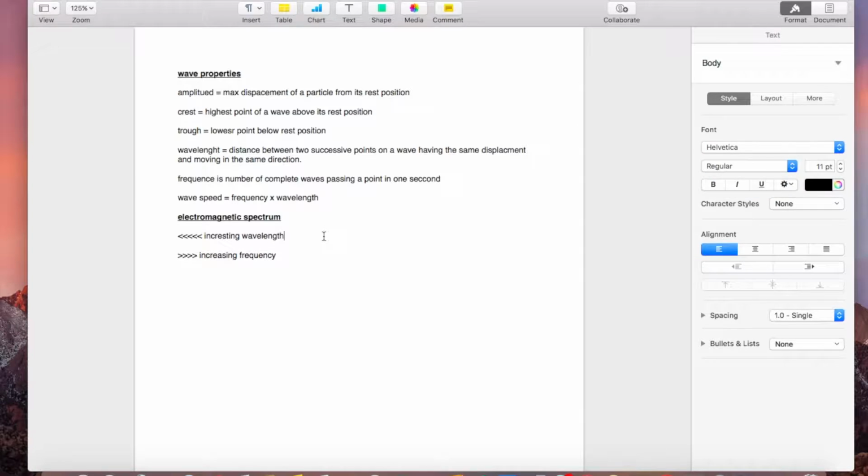So the order it goes in is radio, microwave, infrared, visible light, ultraviolet, X-ray, and gamma ray.